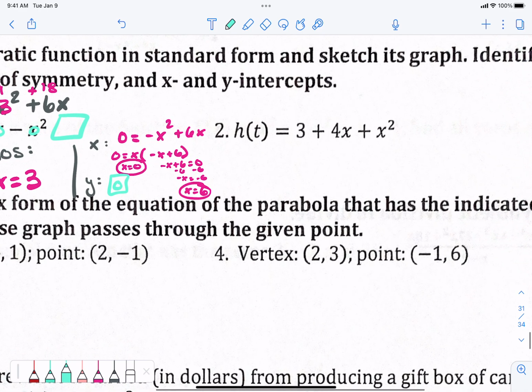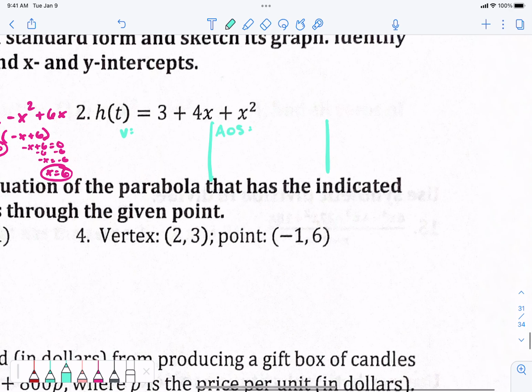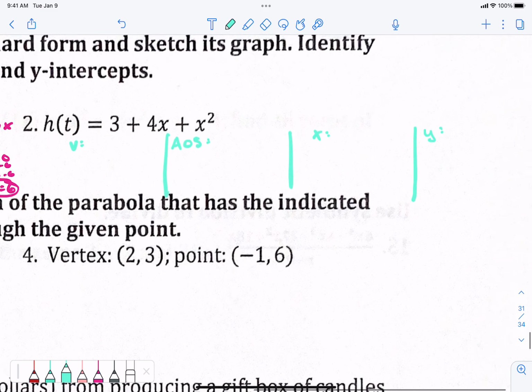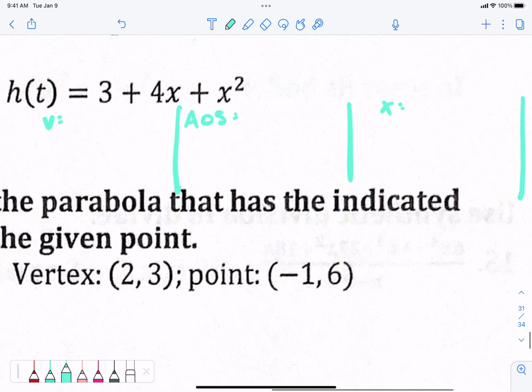Next, vertex, AOS, x-intercept, y-intercept. I'll make this one a little bit longer. Okay, vertex: negative b over 2a. Negative 4 over 2 times, what's a? 1.